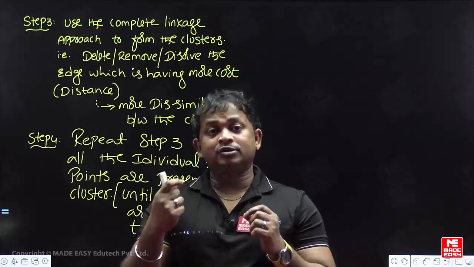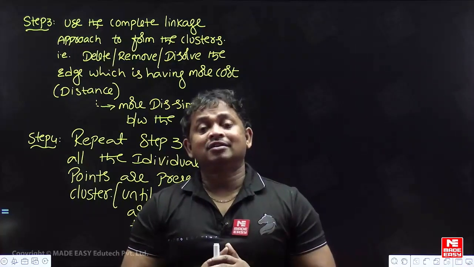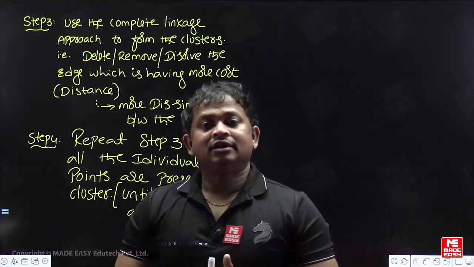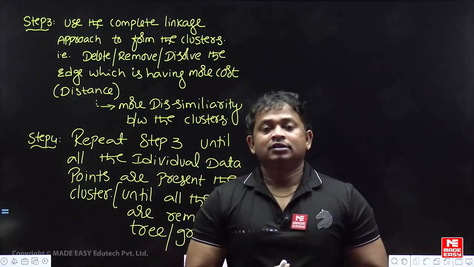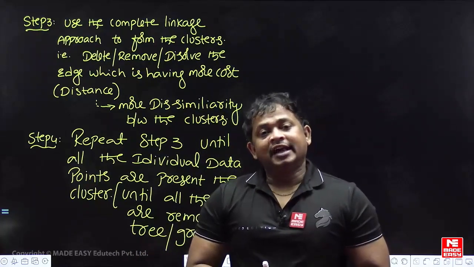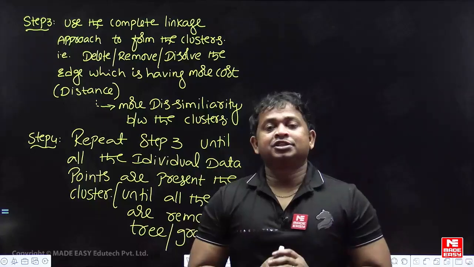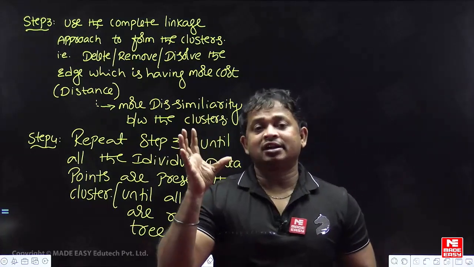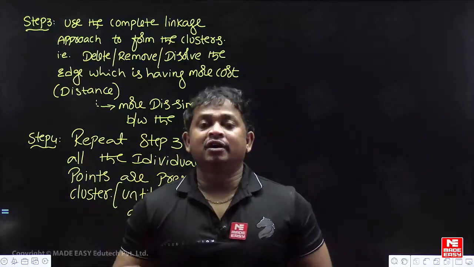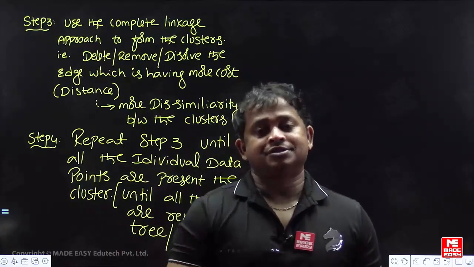Okay, continue that process until all the edges are removed in the minimum spanning tree or in the undirected graph. Then automatically at the end you have full-fledged cluster information. So that major cluster will be split into the individual data point clusters.